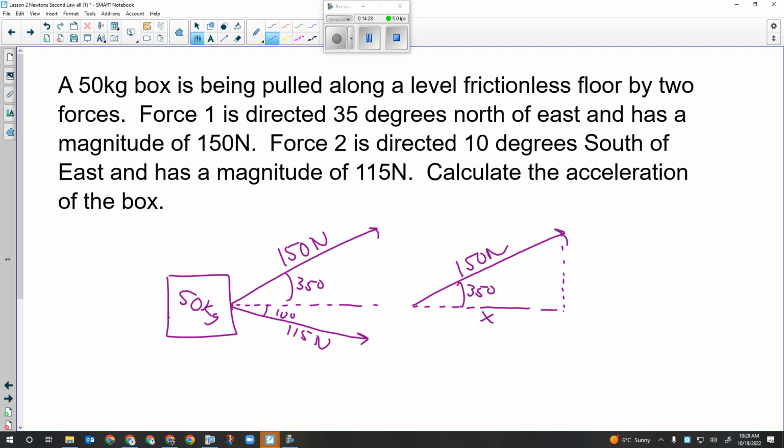So this will be X and this will be Y. Okay, and then, okay, so there's my tail to head vector diagram.